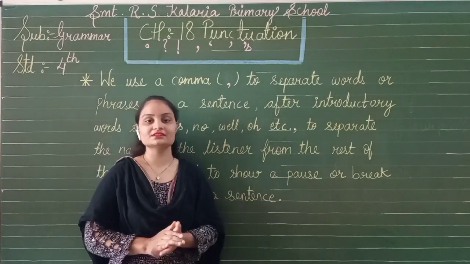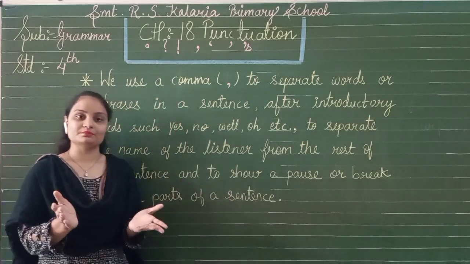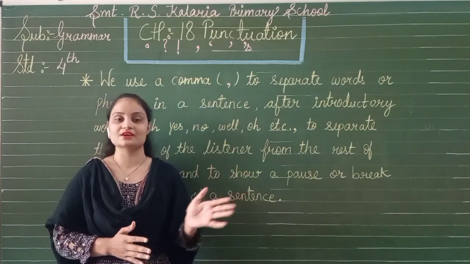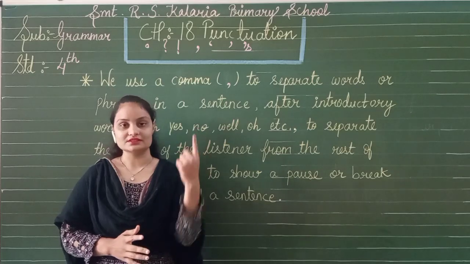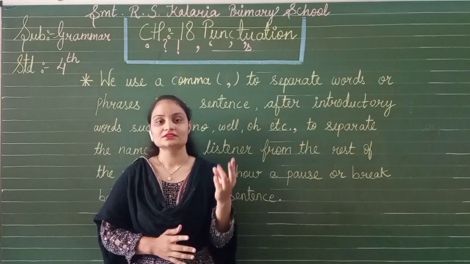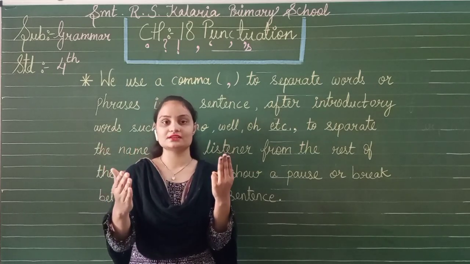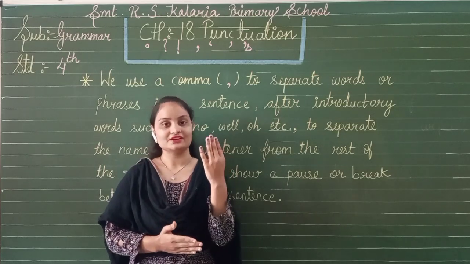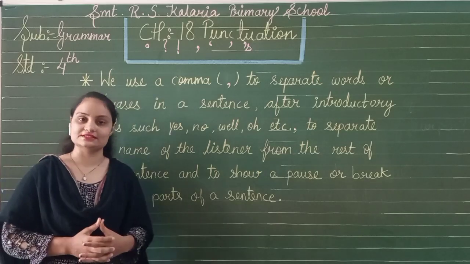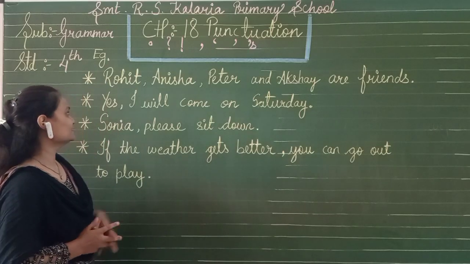So for separating these words also we are using a comma, and to give a short break between the sentences, then also we are using a comma. So this we have to keep in mind. So one thing is series of words, next is introductory words, third is to separate the speaker or listener from the sentence, and fourth is to give a short pause or break between the sentences.